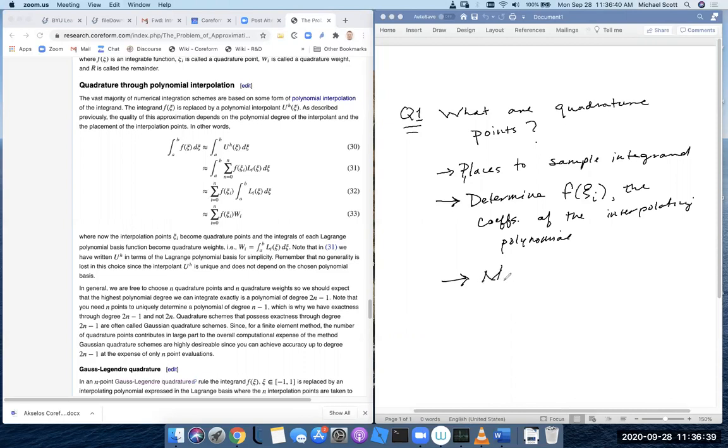Okay, you want to minimize oscillations. And so because we want to do that, we're using Chebyshev-like bases. Yep, so basically you're picking them to get the best interpolating polynomial that you can.